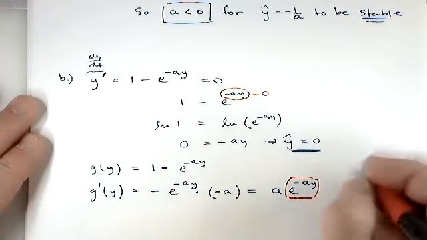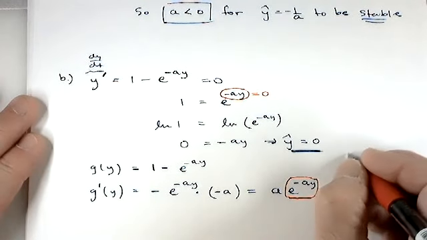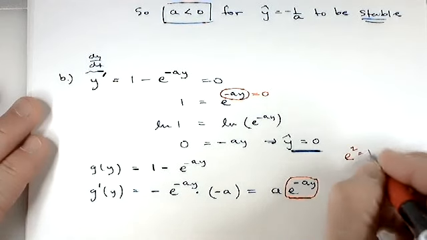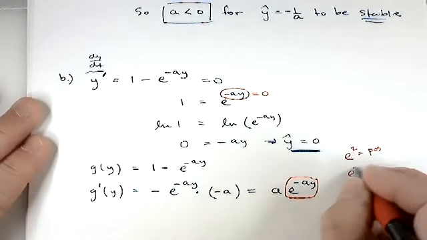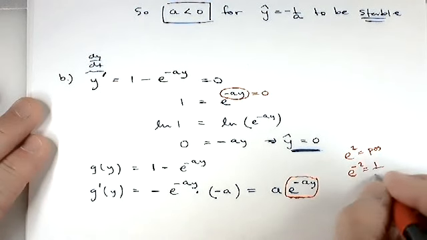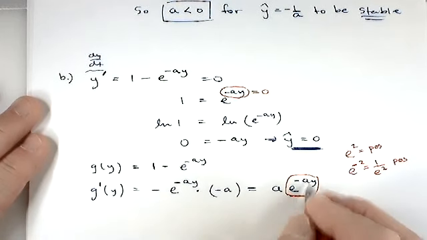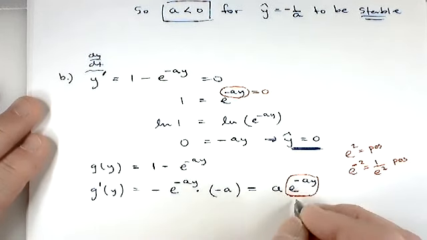Even if we know e to a positive power, that's definitely positive. But what about e to the negative 2? Isn't that just 1 over e squared, which is still positive? No matter what you raise e to, even if it comes out to be a negative power, that is always positive.